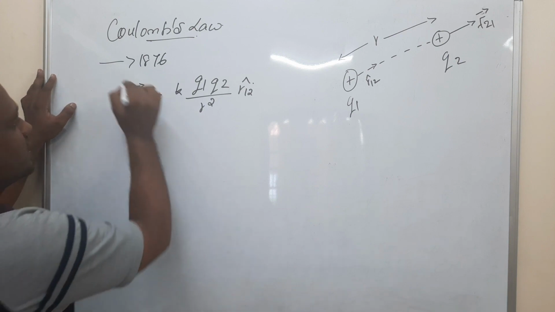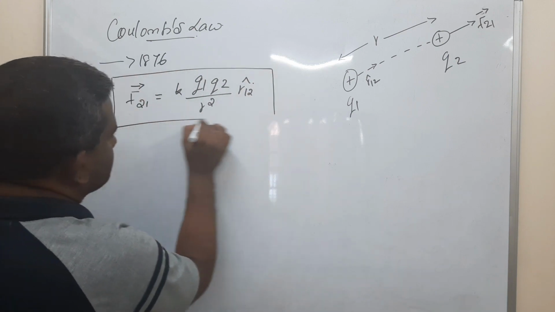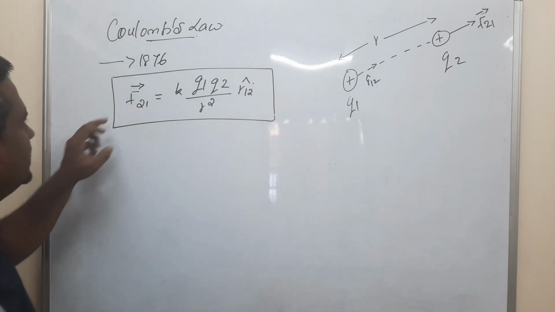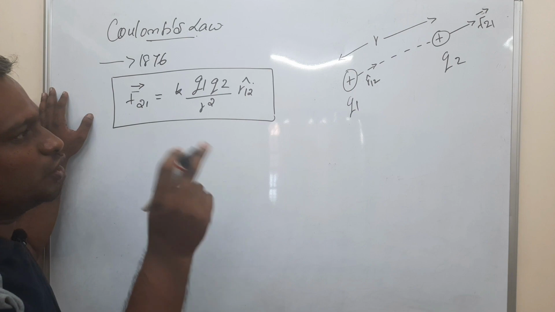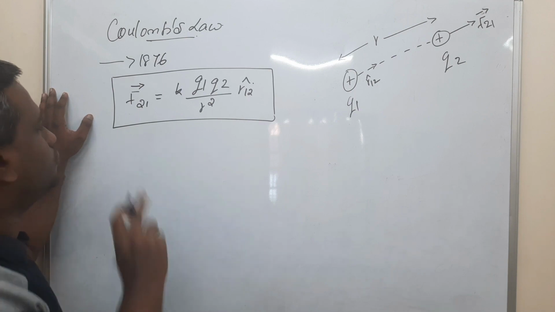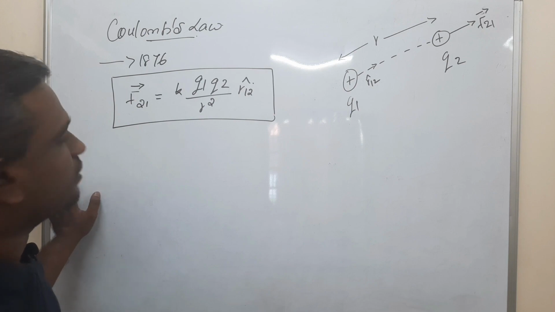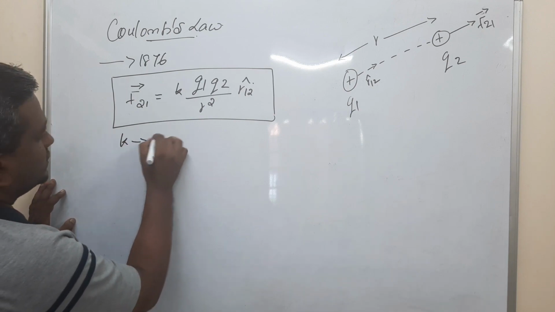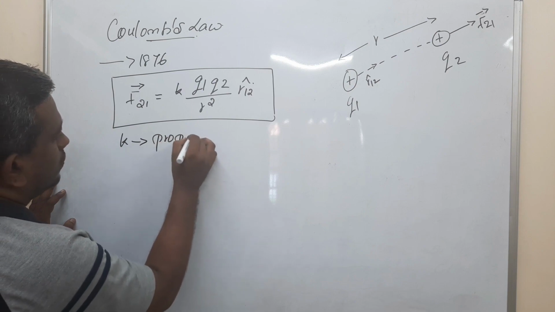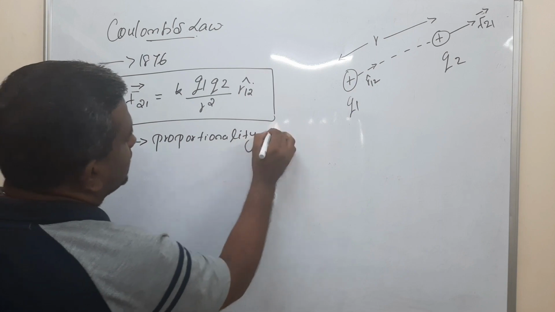Okay, so this is the expression for Coulomb's law. So the meaning is that F21 vector, the force acting on charge 2 by Q1, is equal to one proportionality constant, where K is called the proportionality constant.